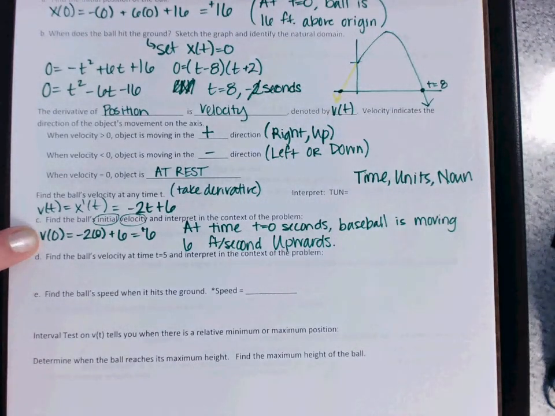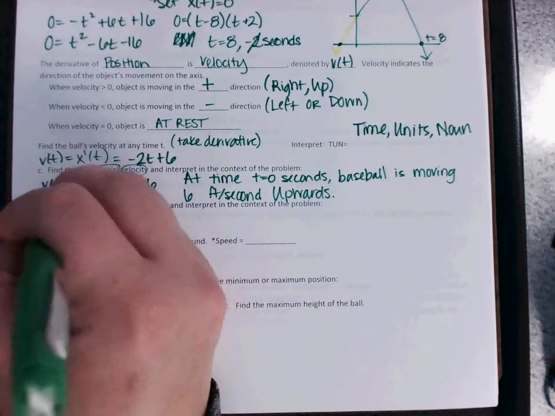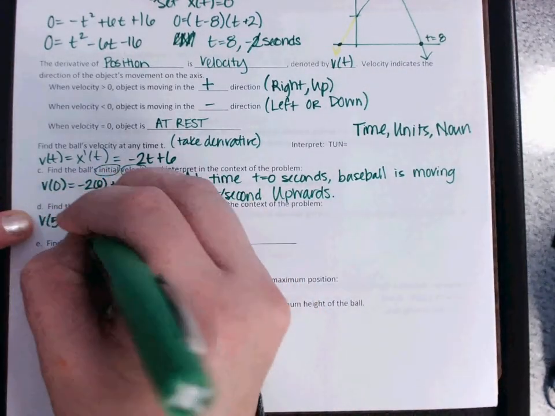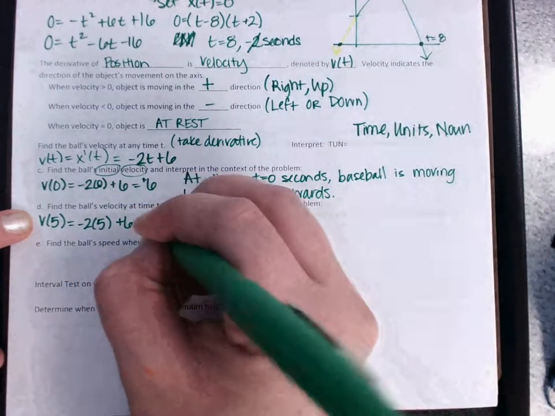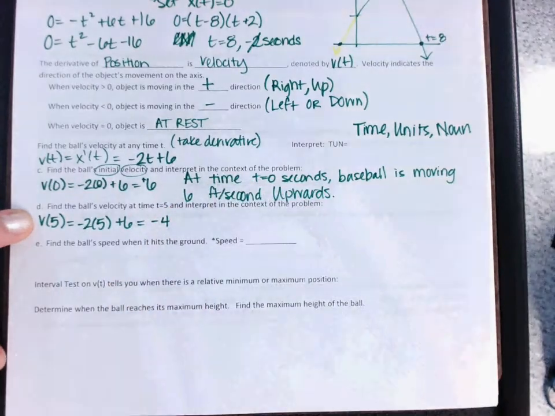If it had come out to be negative, which is going to happen in part D, we'll do that in a second. So, let's do D now. We want the velocity at 5. That'd be negative 2 times 5 is negative 10 plus 6, which comes out to what? Negative 4. Very good.